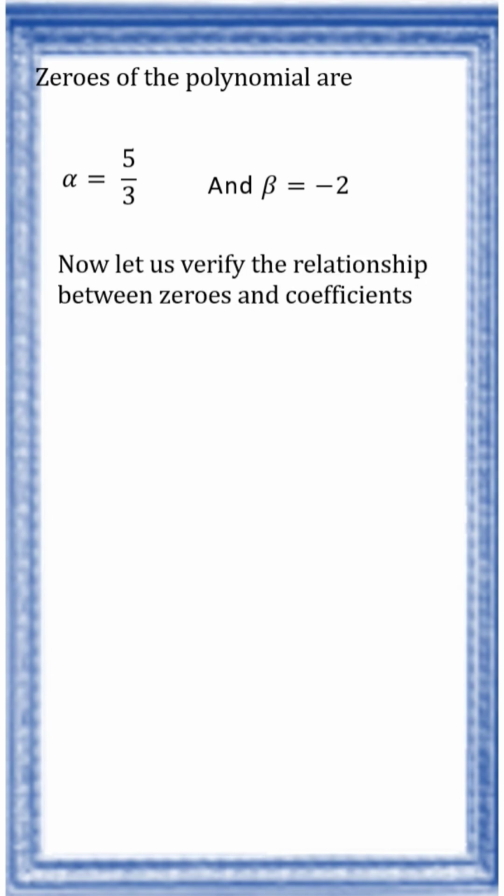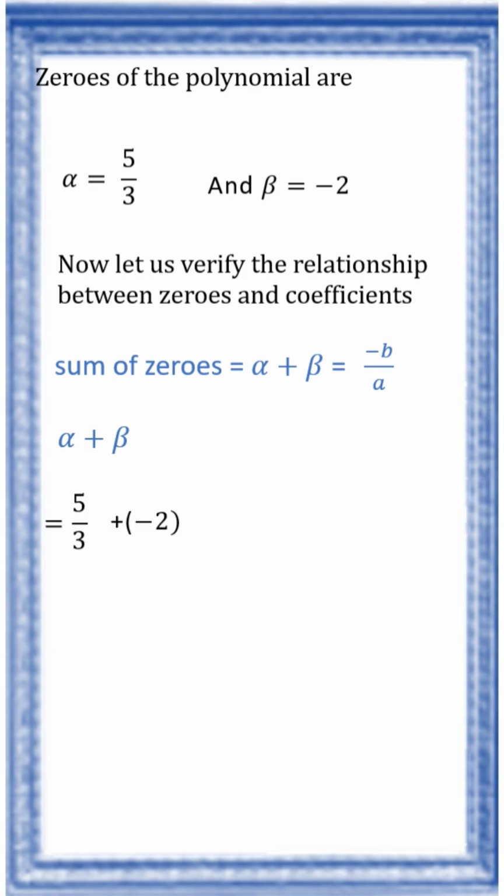Now let us verify the relationship between the zeros and the coefficients. We know that sum of the zeros alpha plus beta is equal to negative of b by a. Alpha plus beta is 5 by 3 plus minus 2.